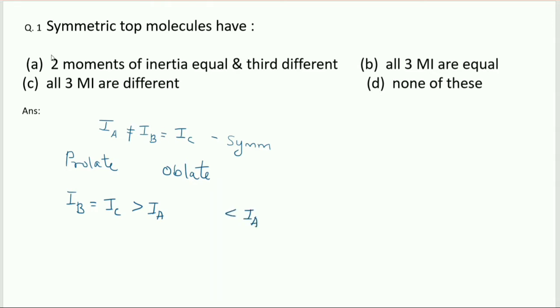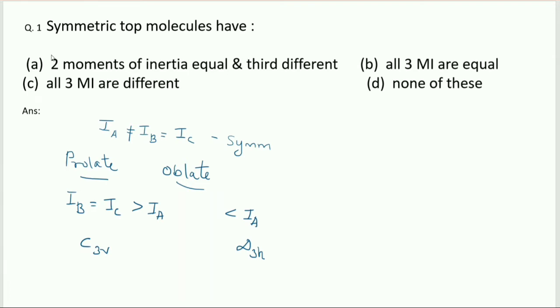So for prolate, C3V is an example point group, and in oblate it is D3H. So symmetric top molecules have two moments of inertia equal and one different.